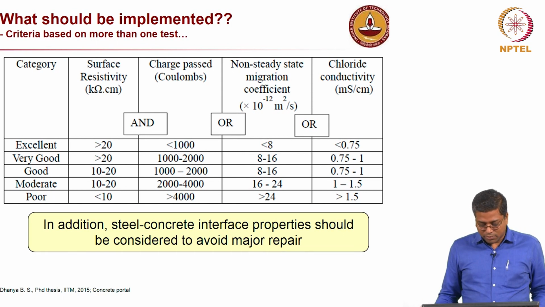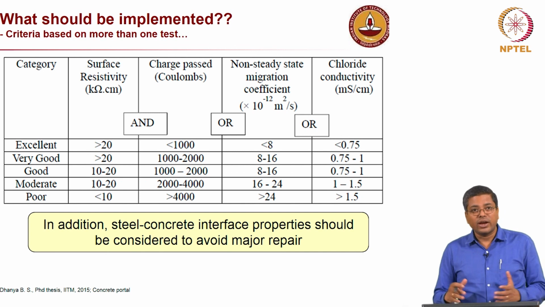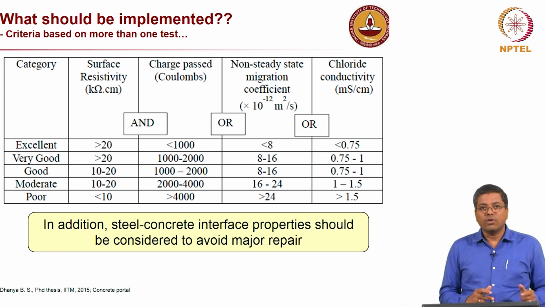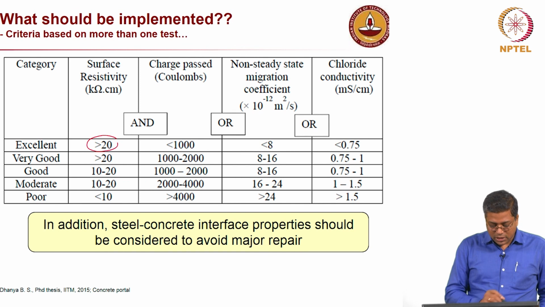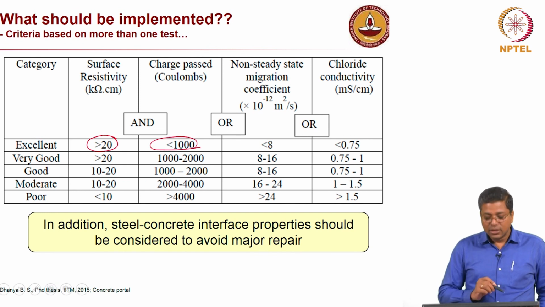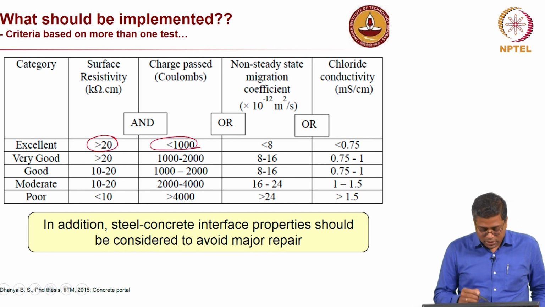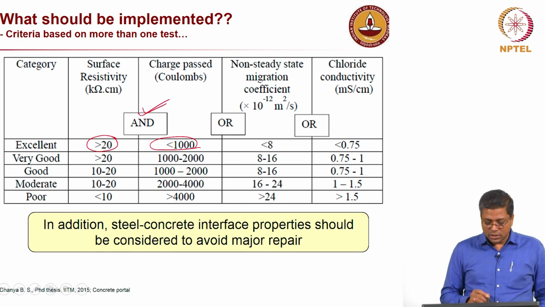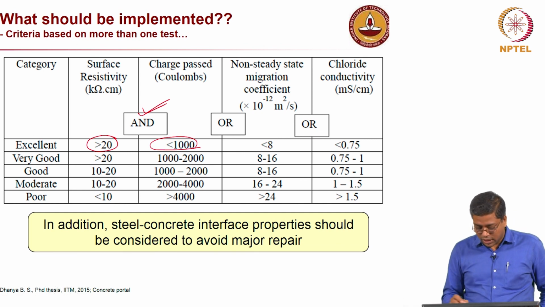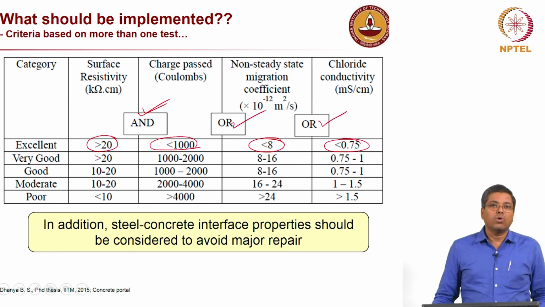So, this is typically how we look at these different tests and a combination of the test parameters. For example, here is one case: if the surface resistivity is greater than 20, and the RCPT charge passed in the RCPT test is less than 1000, and then any of these three, this is an OR condition.